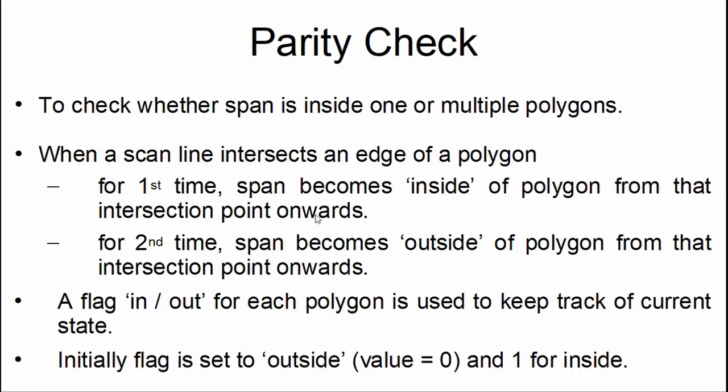When it intersects the same polygon for the second time, the span becomes outside of the polygon from that intersection point onwards. This flag, in or out, for each polygon is used to keep track of the current state. Initially the flag is set to outside, that is, the value is set to 0, and if we set it to 1, then we can say that the span is inside.